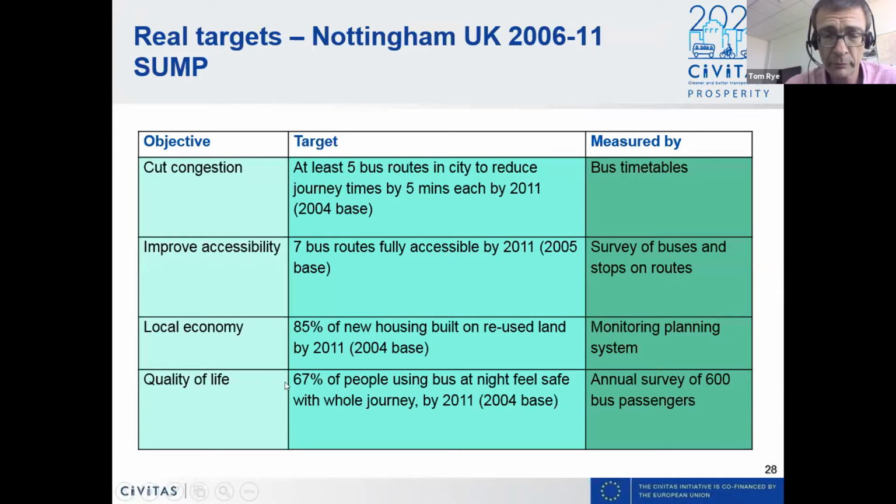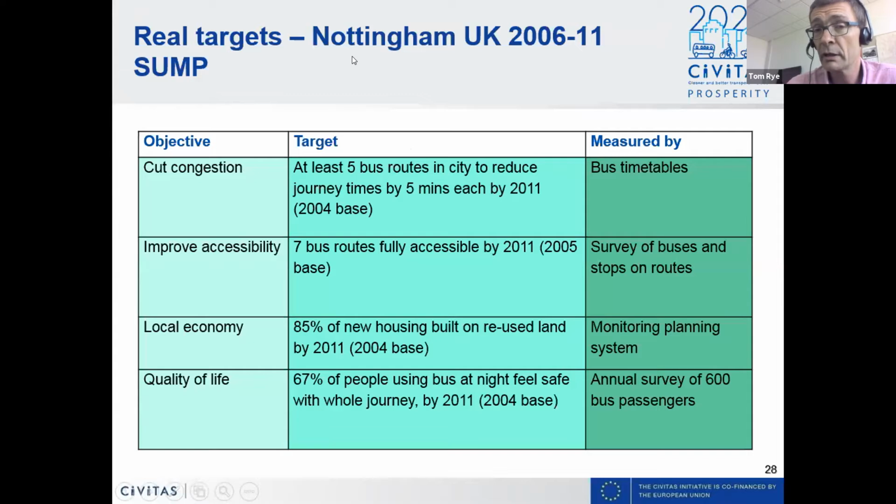There's high public transport use in Nottingham because it's quite a poor city. But this is 67% of people using the bus at night feel safe. And this is just based on a 600 bus passenger survey each year. So you can see there that in their SUMP of 2006 to 11, there's very basic targets set.